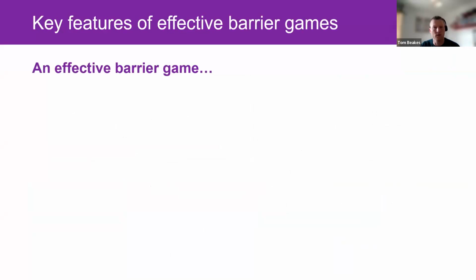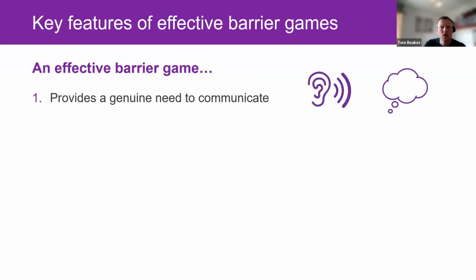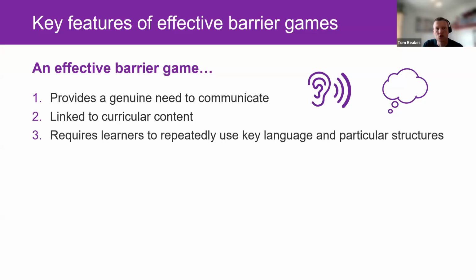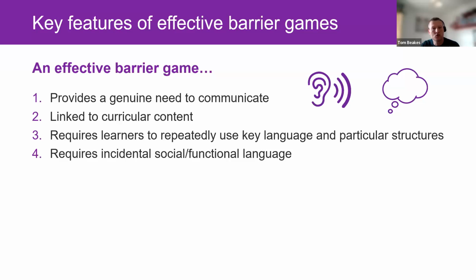Okay, so to summarize then, an effective barrier game will provide a genuine need to communicate. It's going to be linked to the curriculum, even if your main focus is developing a particular language skill, such as asking questions or clarifying spellings. It's going to require learners to repeatedly use key language and particular structures. Hopefully, it will also require the use of some incidental social and functional language, such as asking for clarifications, paraphrasing, or asking how to spell something.